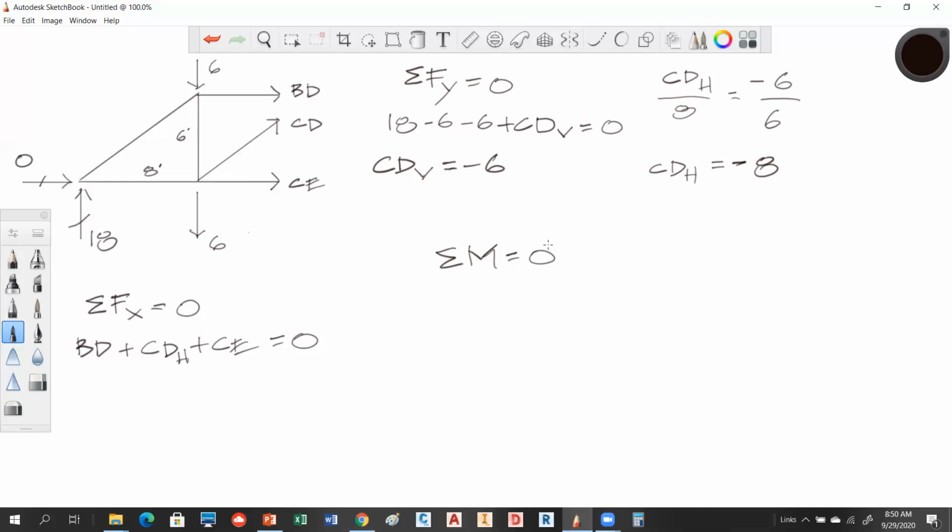So here's where we want to be smart. I want to take a moment at such a point that I knock out unknown forces and just solve one force. Who can tell me where a good place to take a moment might be? Now, you can literally take a moment any place on that truss, even off of that truss section cut.